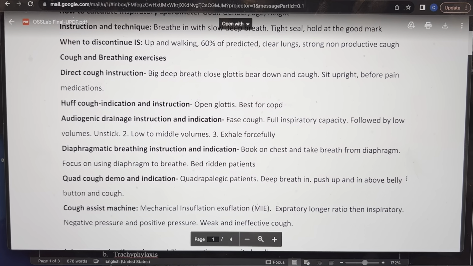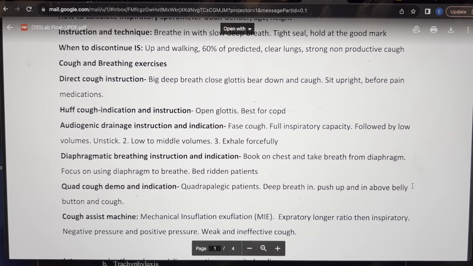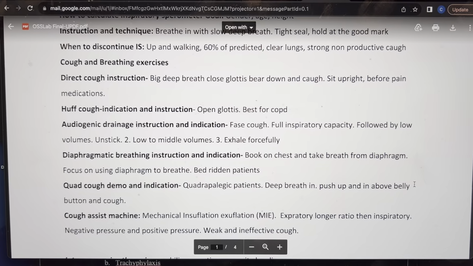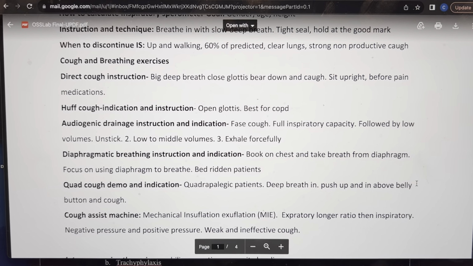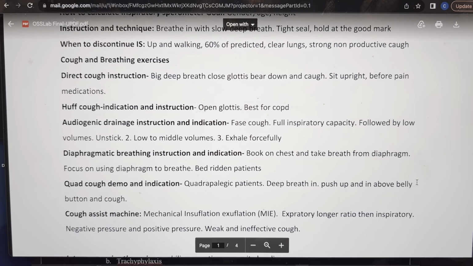Take a big deep breath through your nose, close the glottis, bear down, and exhale forcefully when you cough.